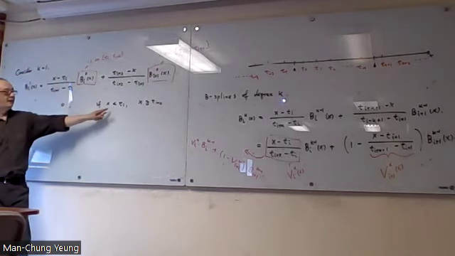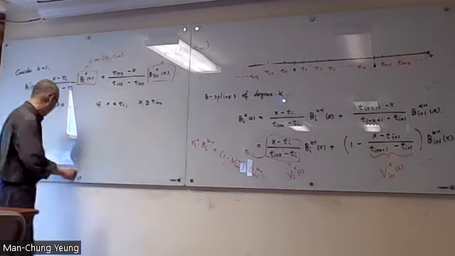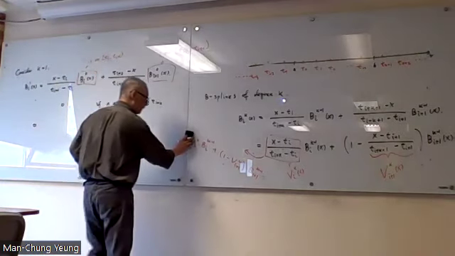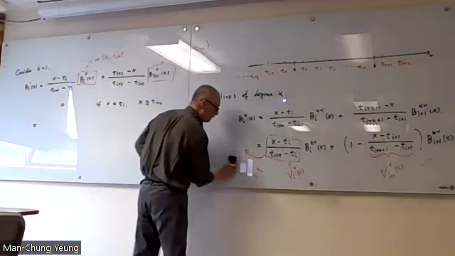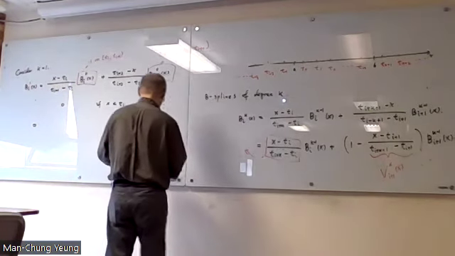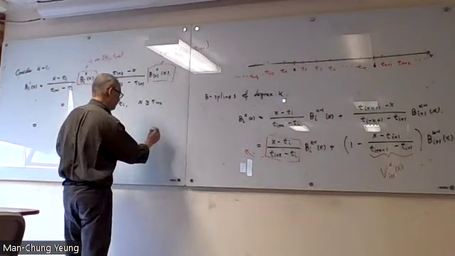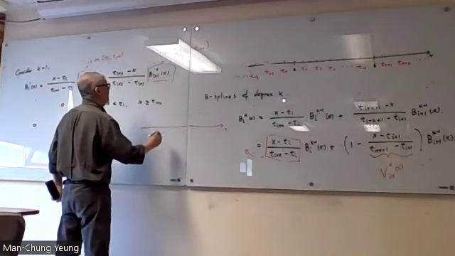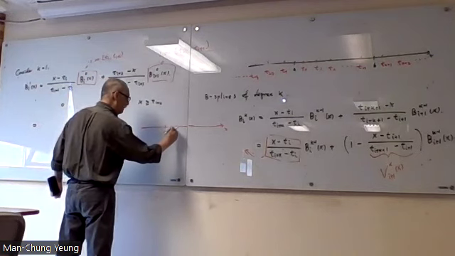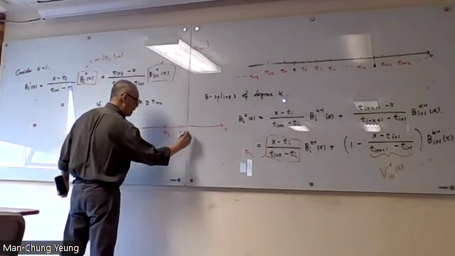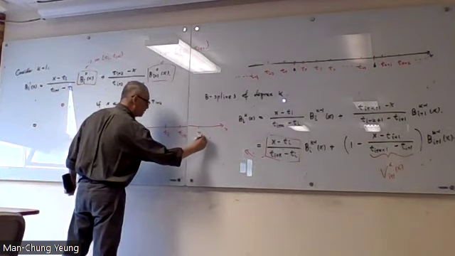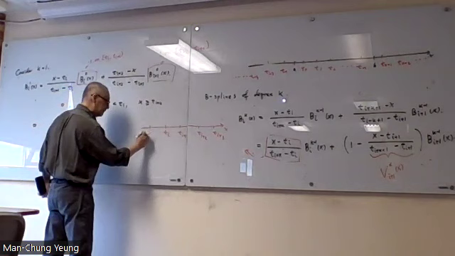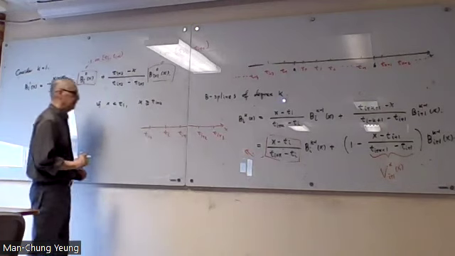Let me draw a number line, with x, t_i, t_{i+1}, t_{i+2}, t_{i+3}.